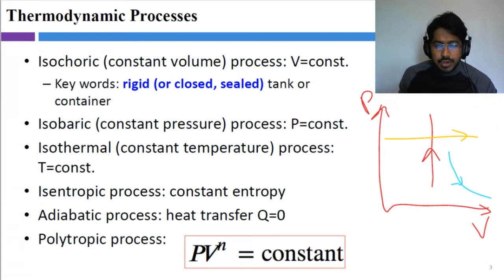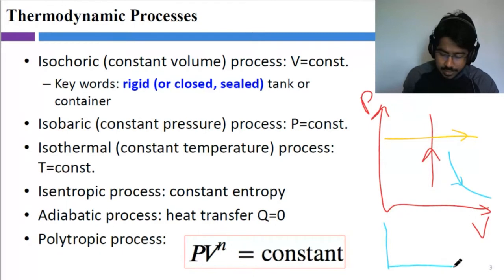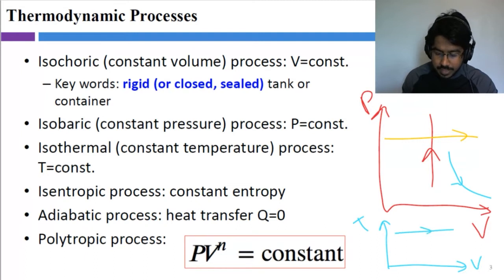By looking at the curve in a PV diagram, we cannot simply say whether it's an isothermal process, but we can say this is an isochoric process and this is an isobaric process. If we mark an isothermal process on a TV diagram, it's pretty simple to say, because isothermal processes on a TV diagram would look like this, since temperature is the y-axis.